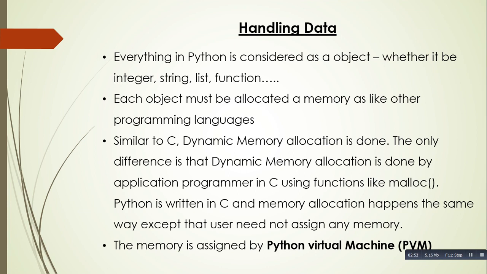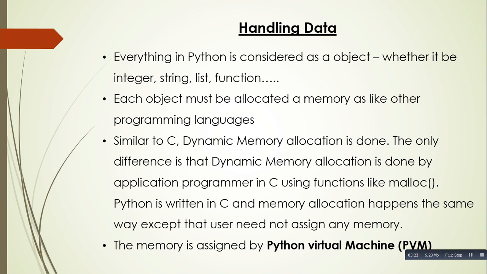Just to go back to the C discussion, we are very much familiar with malloc and free, where as a C programmer we allocate memory using malloc, and whatever memory is allocated is freed up at the end of the program. So it's all in the hands of the user, and the user has to take care of all these memory allocations.